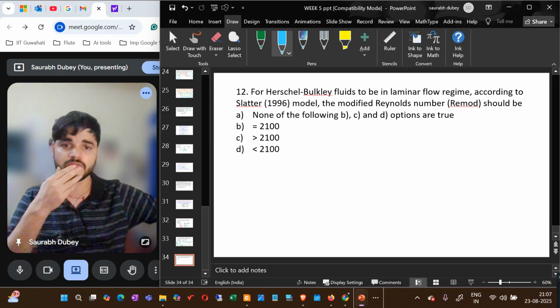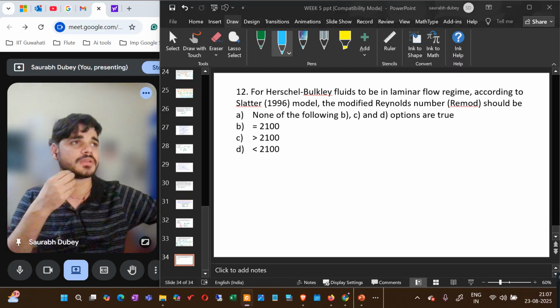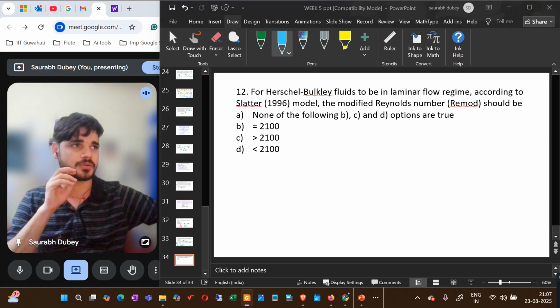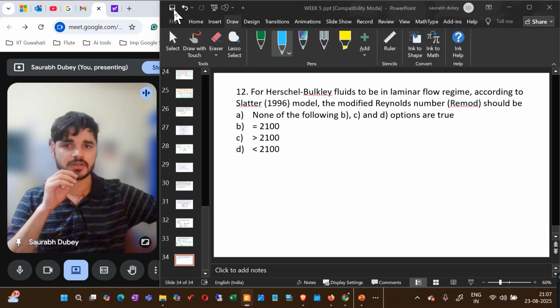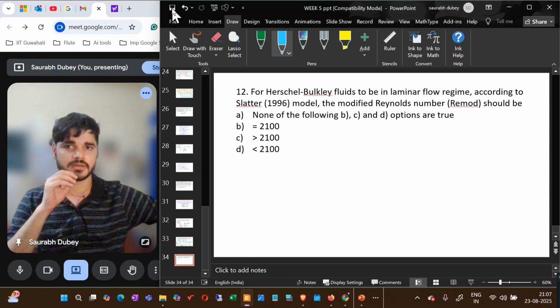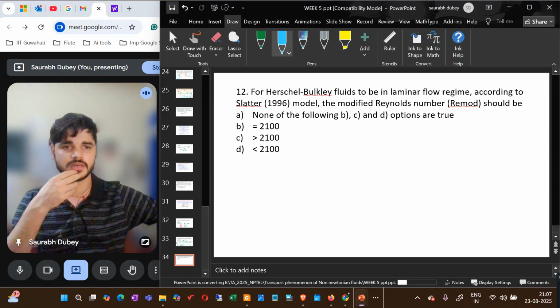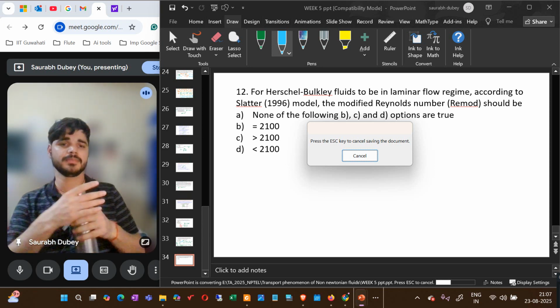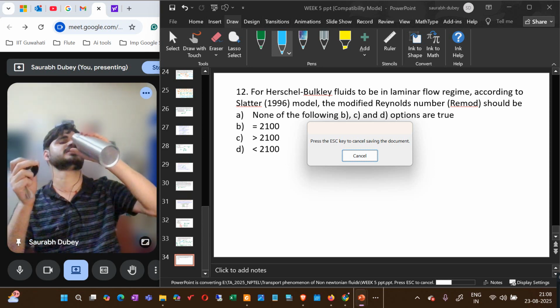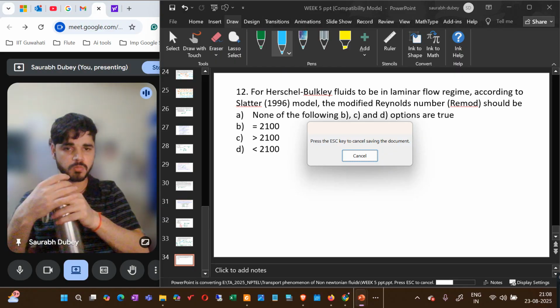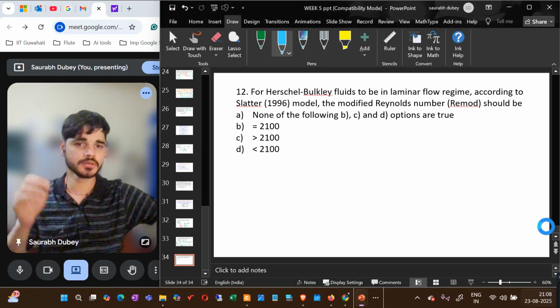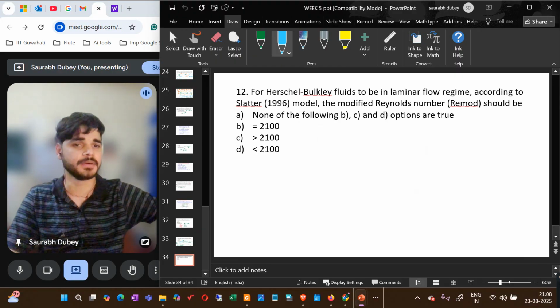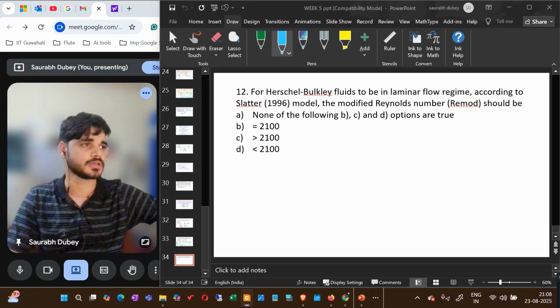For the Herschel-Bulkley model, if you remember the discussions that you had, based on that only you can answer this question. This is a good question. You need to have some idea about the discussion that you have had. This kind of question can also come.